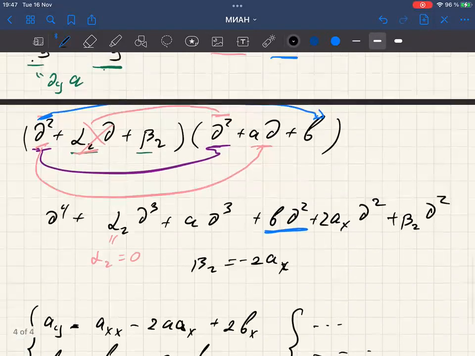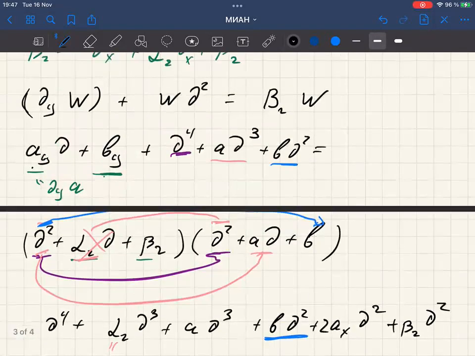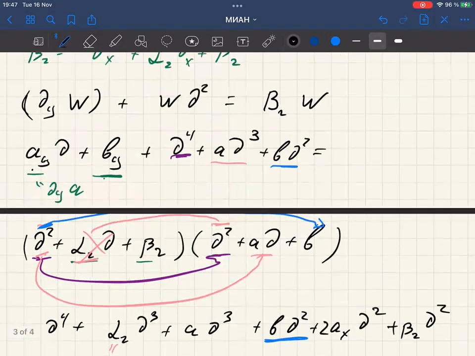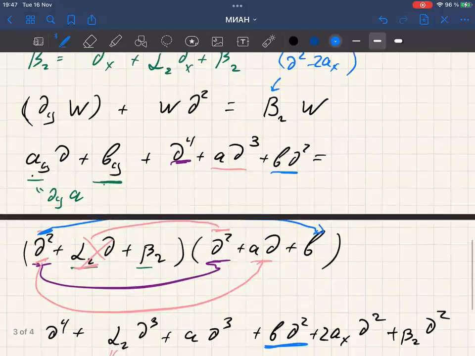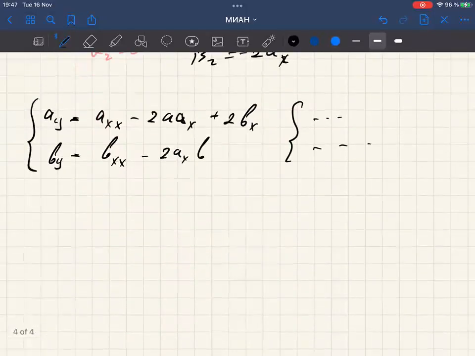We could see that since we have here this operator B2, it's nothing but B2 of kappa. It's minus 2FAX.